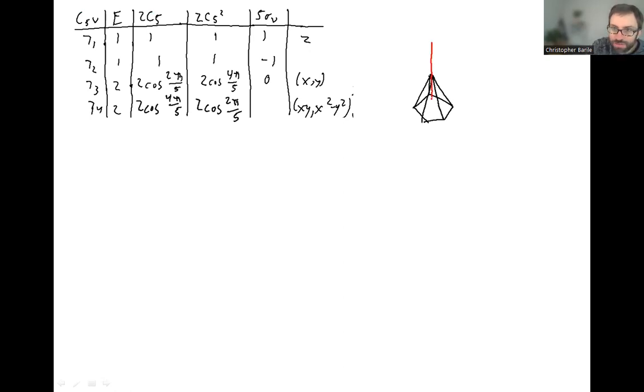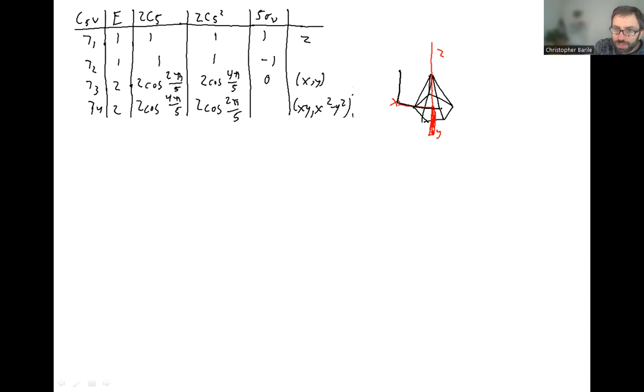We have our z vector, of course, defined as the principal rotation axis. We have our x vector, for ease, defined as going through one of the bonds. And we have our y vector coming out towards us. We could make it a wedge if we want to signify that. And so we have our little plane here.